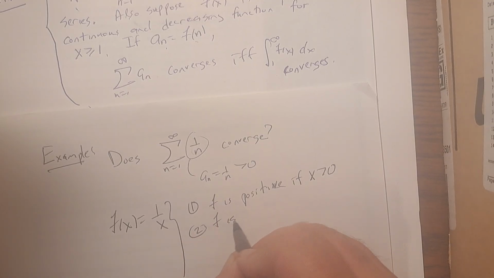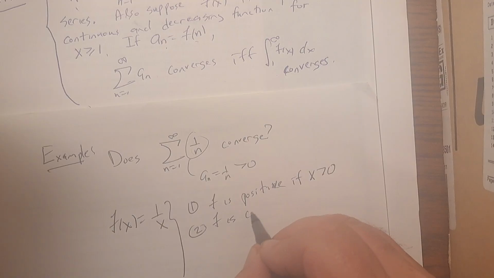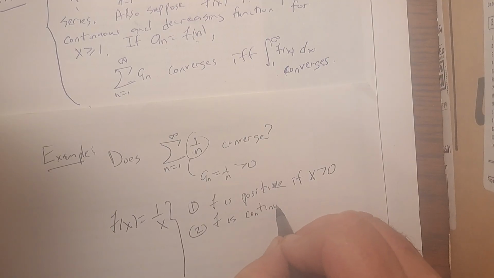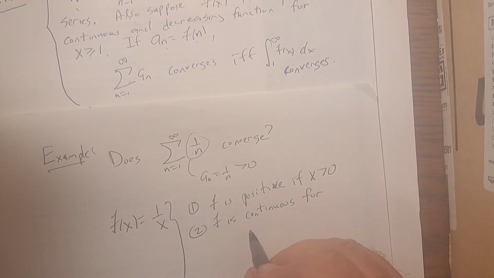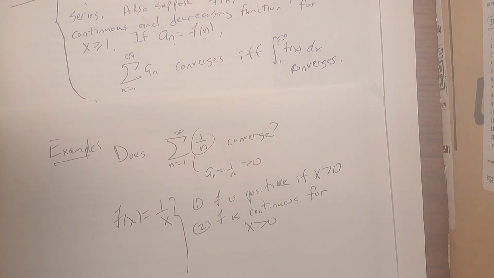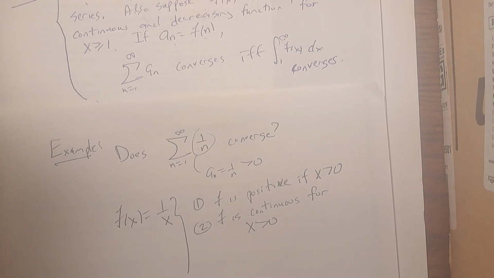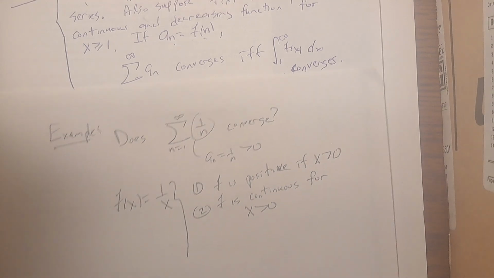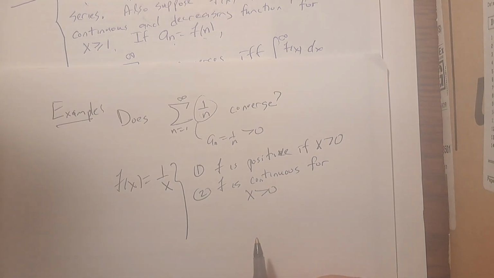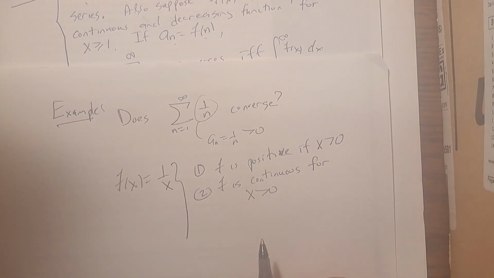So f is continuous for x bigger than 0. Okay, it's also continuous for x less than 0, but I only need it from 1 and up, so there's no reason for me to go backwards and get the negative values, although it's true that it is continuous for the negative values.